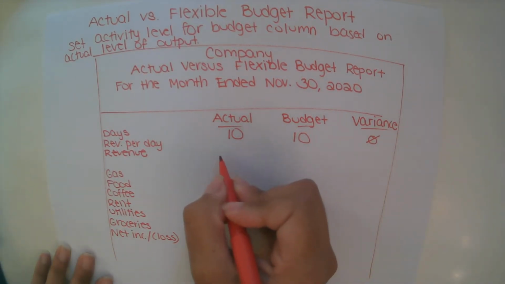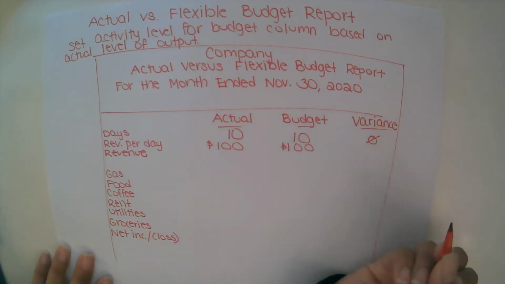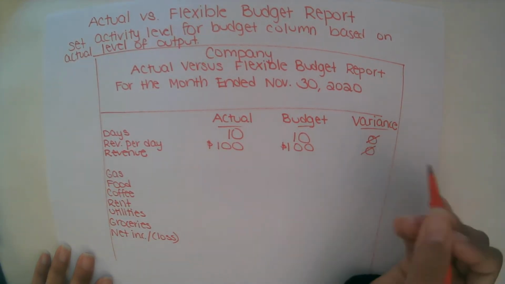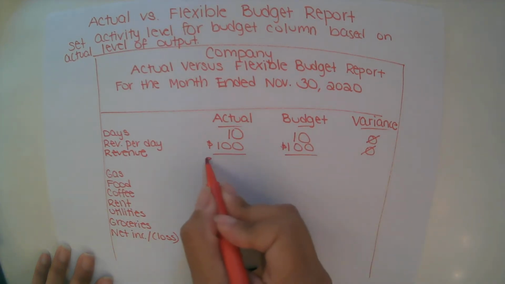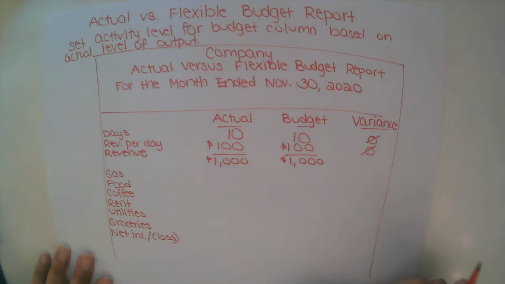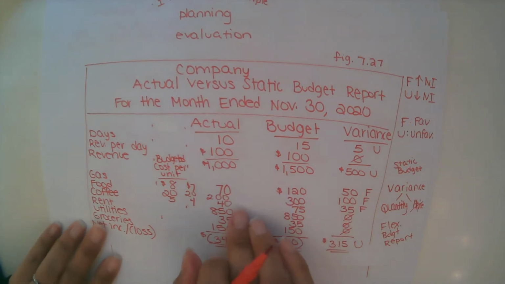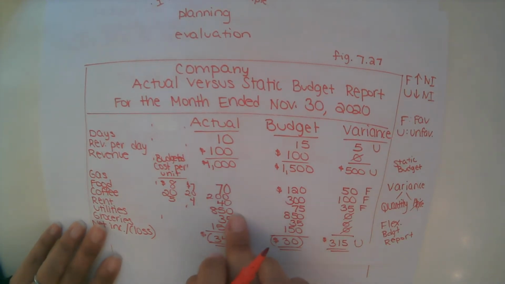All right, we had no difference in revenue per day. We could have, but in this case, I didn't do that as an example, so there's no variance there. Total revenue, 1,000. Now fill in your actuals, and these would be given to you in the problem as well.